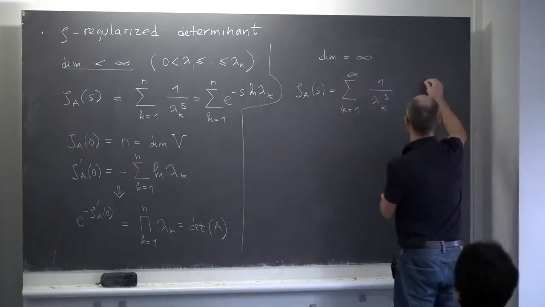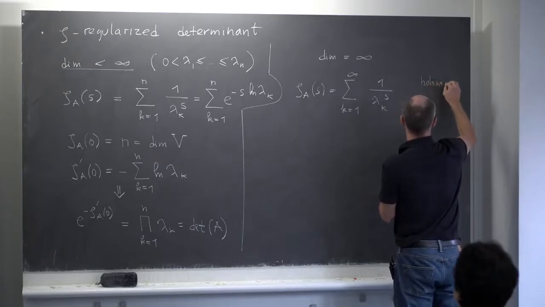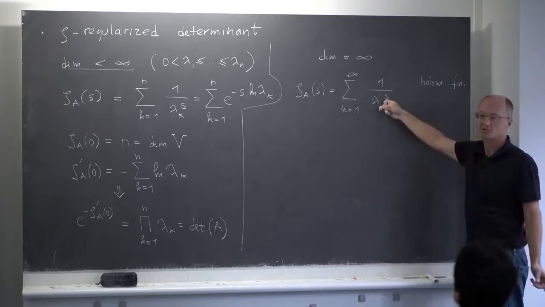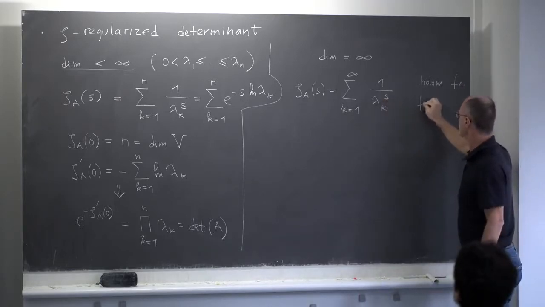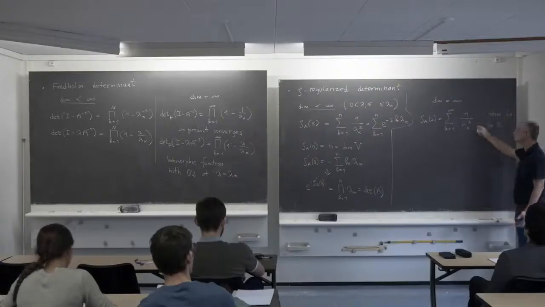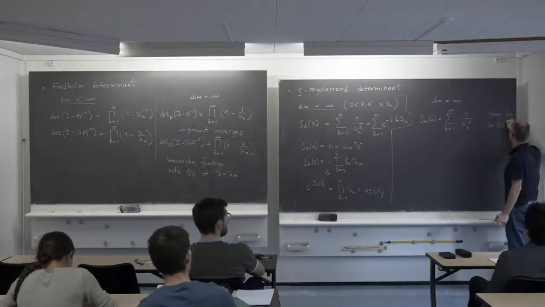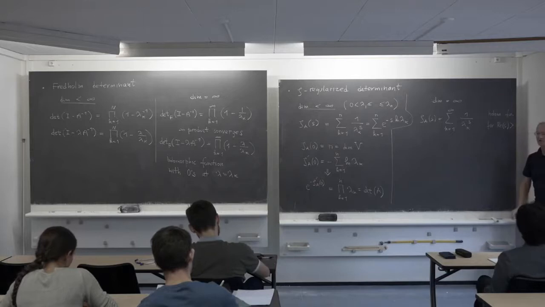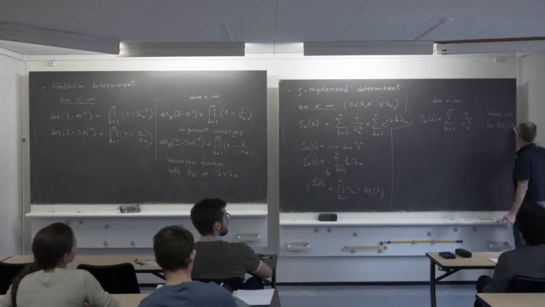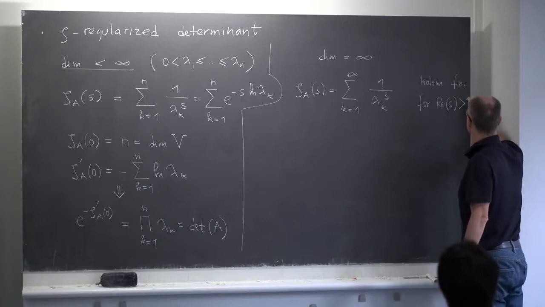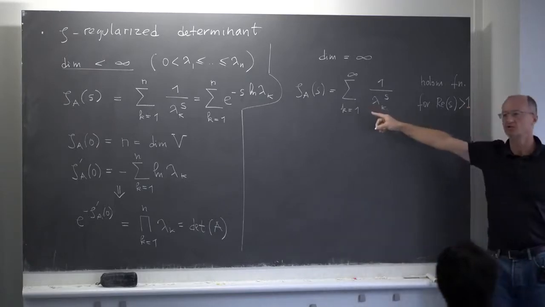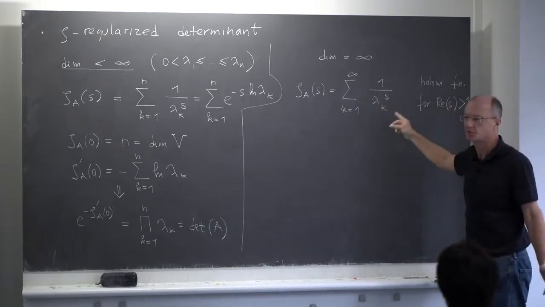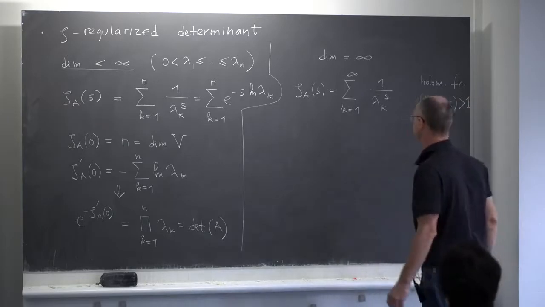And this infinite series defines a holomorphic function, but now possibly not everywhere, right? So for sure, if the real part of s is greater than something, for instance greater than 1, then we are good, right? Because at 1 already we had absolute convergence, and probably even to the left of that line.